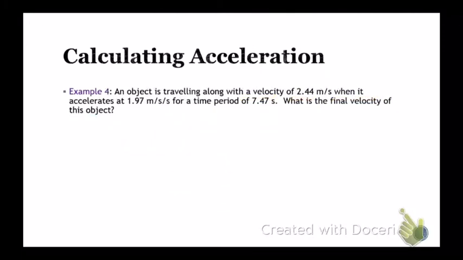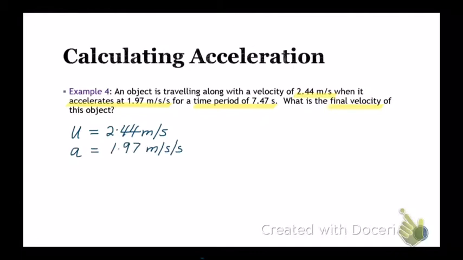Next example, an object is travelling along with a velocity of 2.44 meters per second when it accelerates at 1.97 meters per second squared for a time period of 7.47 seconds. What is the final velocity of this object? List the data. Initial velocity is 2.44 meters per second.